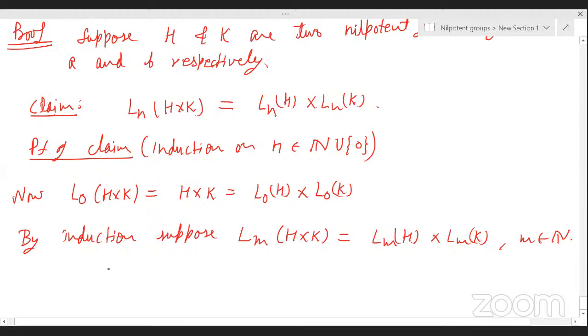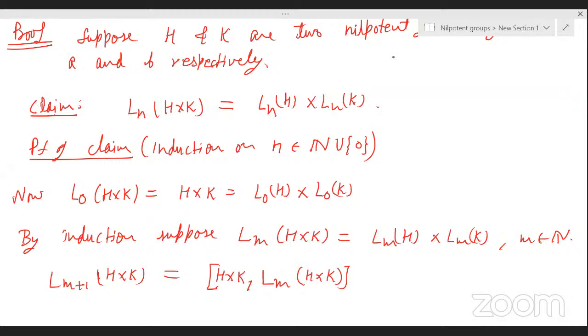We have to show that L_{m+1} of H cross K is equal to L_{m+1} of H cross L_{m+1} of K. Okay, so let us calculate L_{m+1} of H cross K. So by definition, what is this term? This is the commutator of H cross K, comma, L_m of H cross K. I hope you agree at this point.